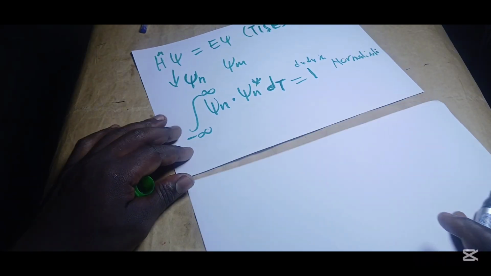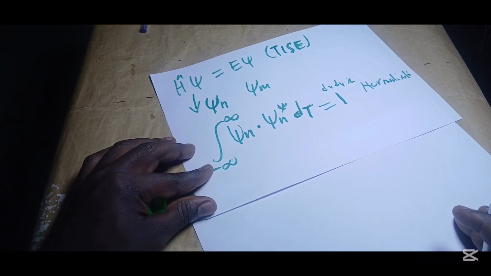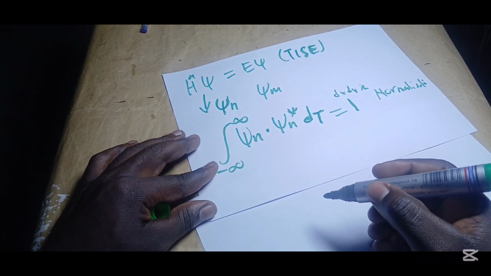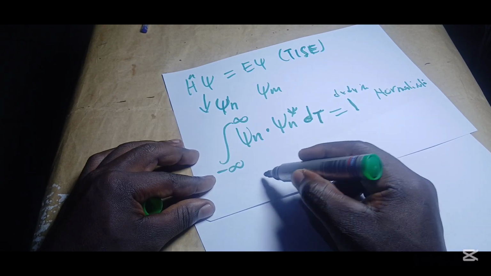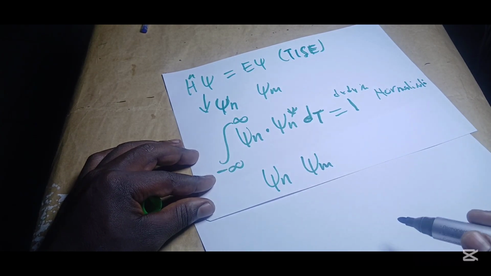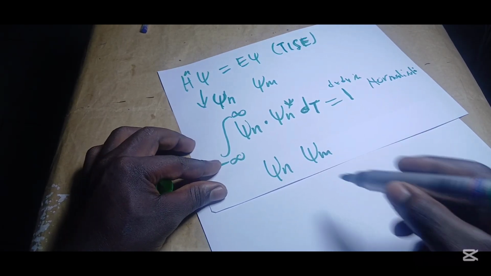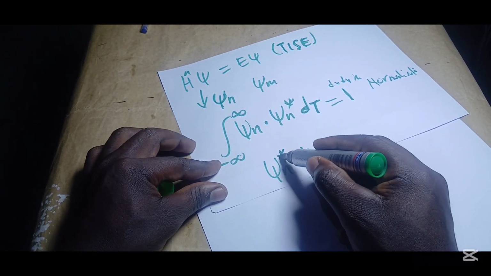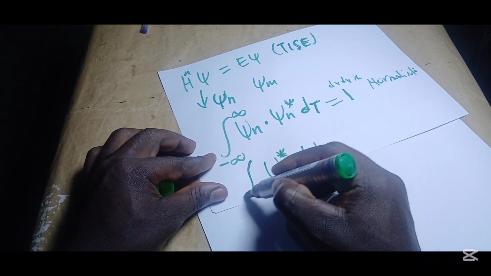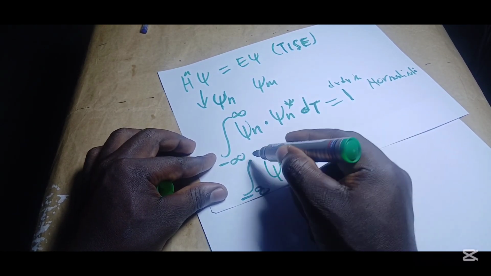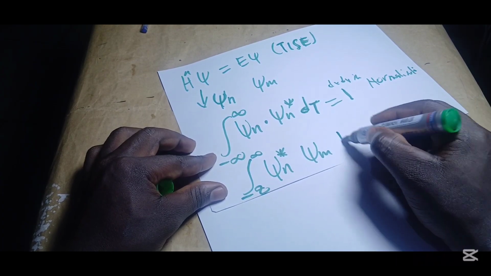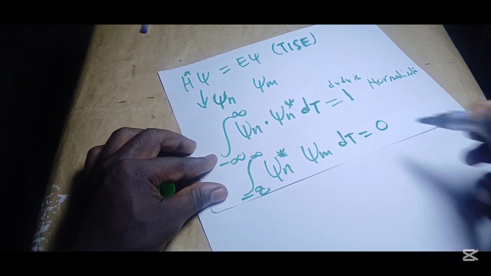So what if we have two wave functions from the Schrodinger equation, let's say psi n and psi m, one operating on the complex conjugate of the other? Let's say the limit of integration is from negative infinity to positive infinity, and the result happens to be 0.